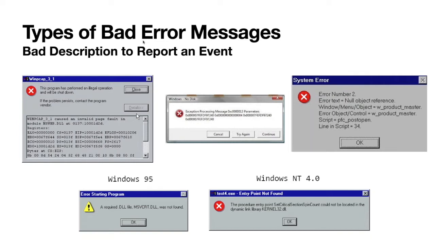So these are just examples of exceptions that happened in previous versions of Windows. Nowadays, you have better ways to handle these situations because the messages have been improved. They're more informative. They provide you some information. Sometimes they even tell you how to fix the problem. And it depends on where you run your programs or what kind of things you do.